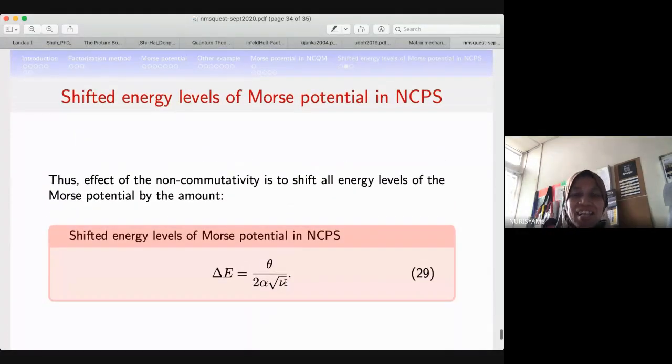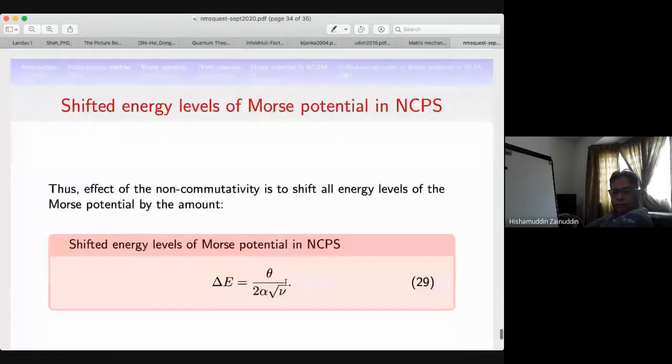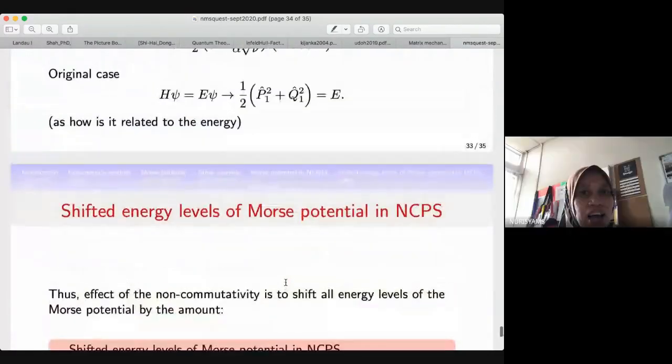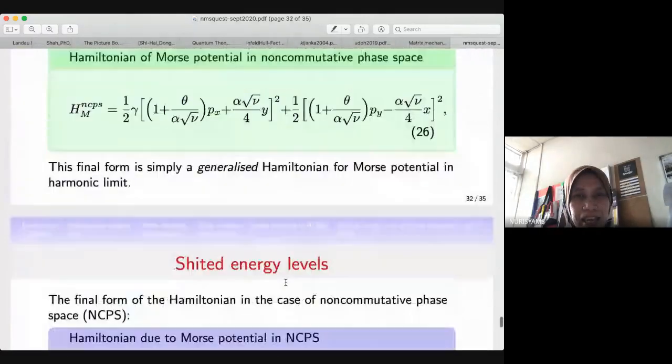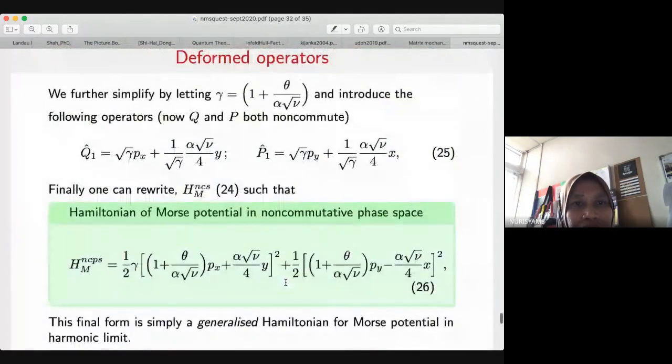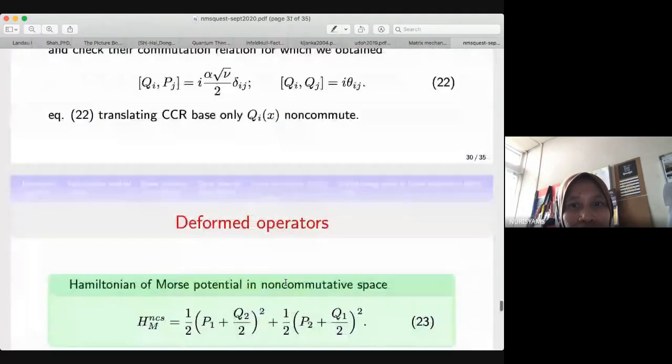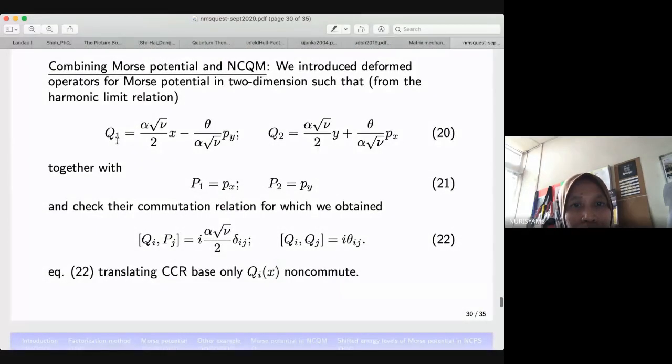When you say non-commutative phase space, but you consider the axis that. Yes. So you see, previously, if I go back here, first I introduced uppercase Q1, Q2, but I maintain P1, P2 as just Px, Py.